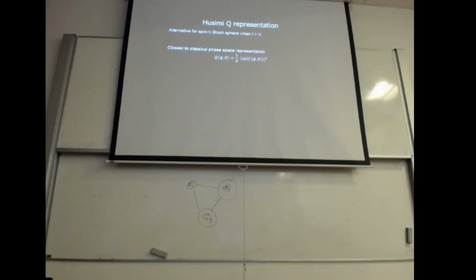In any case, the way you construct this one is you have an arbitrary wave function of this spin, and you take the inner product with all the coherent spin states. So you overlap it with these spin coherent states.